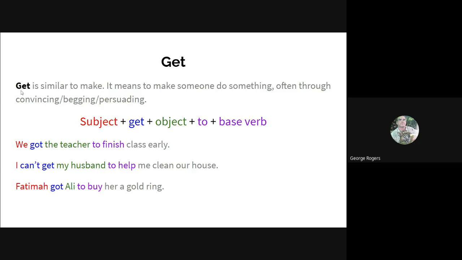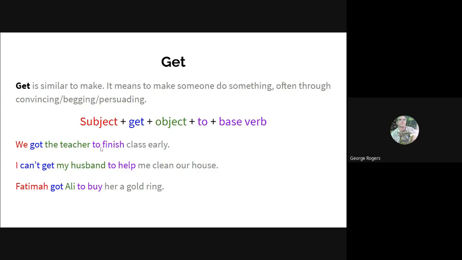But if you instead say, I get my employees to work hard by persuading them, being nice to them, or giving them rewards, it's better. Some people say that's a lot better, to get somebody to do something rather than make them. But remember that with get, you have to have the to.